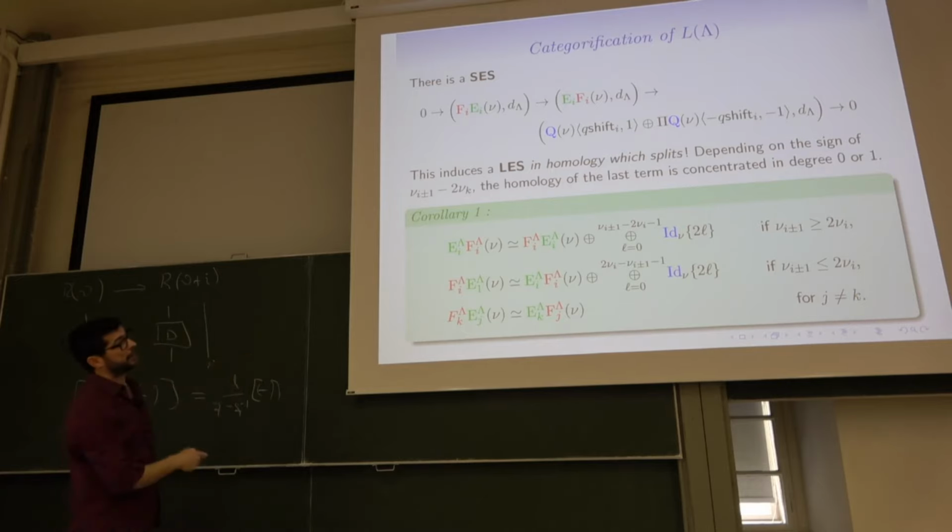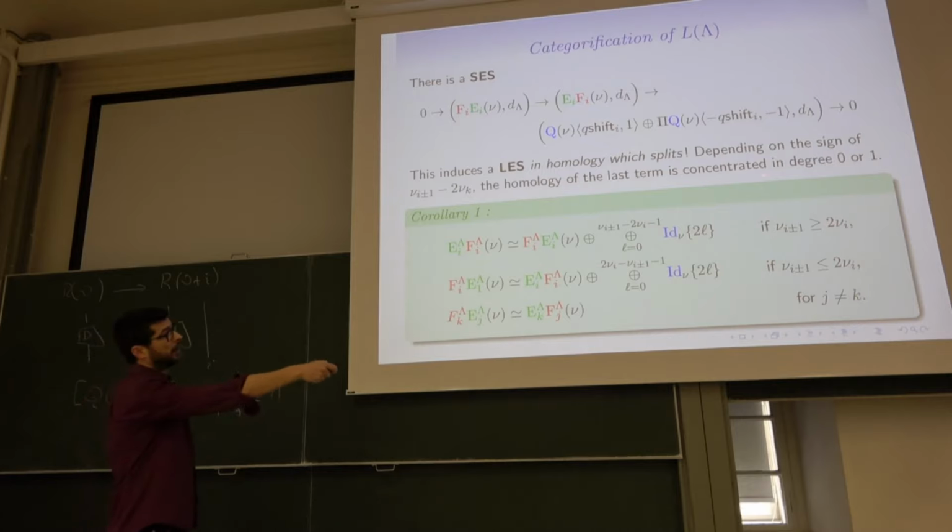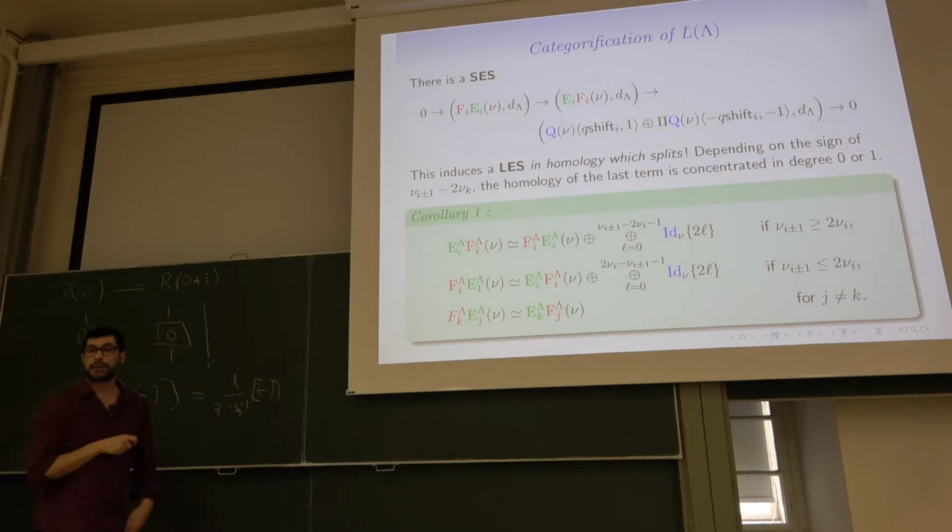The sequence splits, and depending on the sign of this guy, the homology of the last term is concentrated either in degree 0 or 1. So if you have one sign, plus, for example, this guy is concentrated in degree 0, and you have this formula coming out of the long exact sequence.